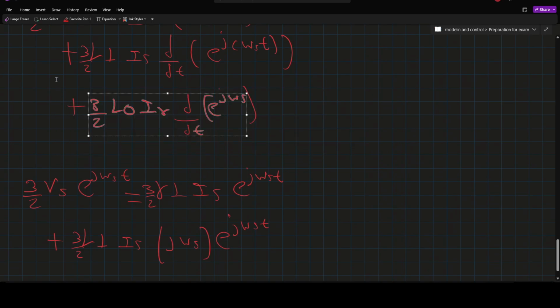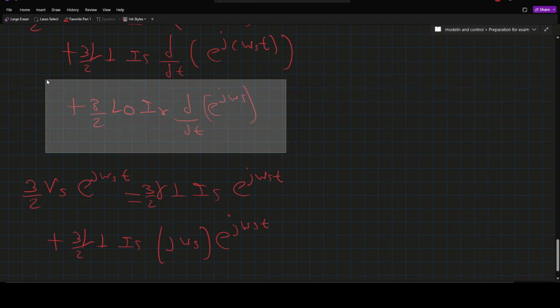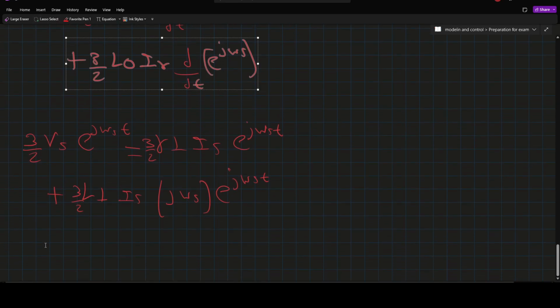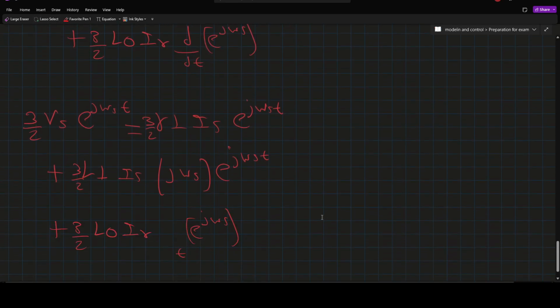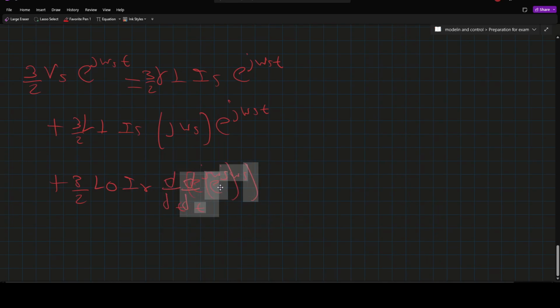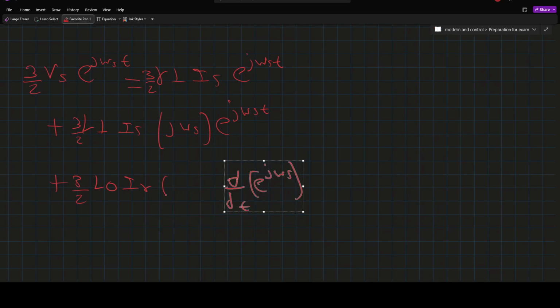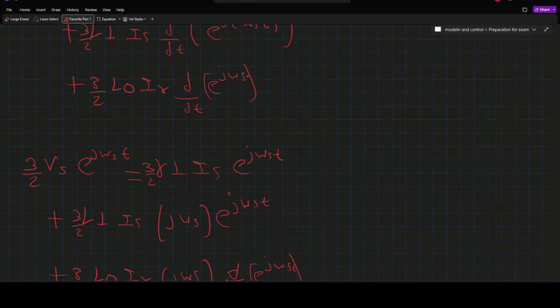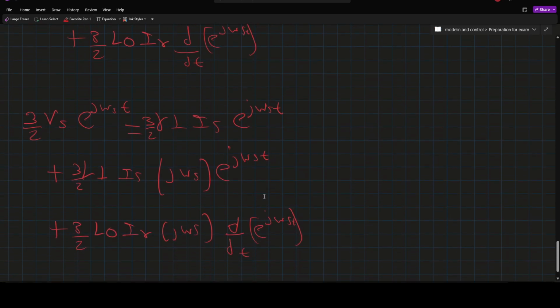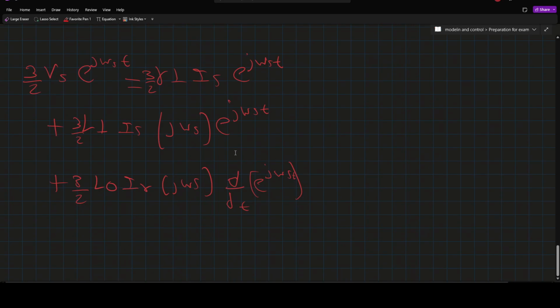Similarly for this one we have practically the same, but here we have j omega s. I forgot to write it here, this is omega s t, but without the derivative because we just did it.